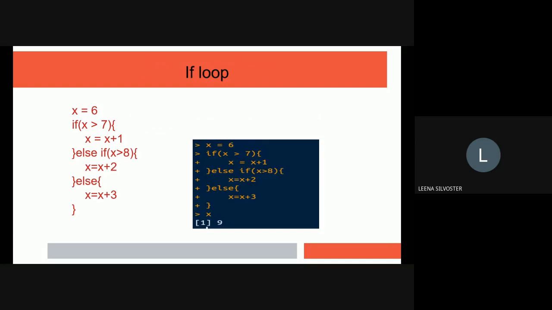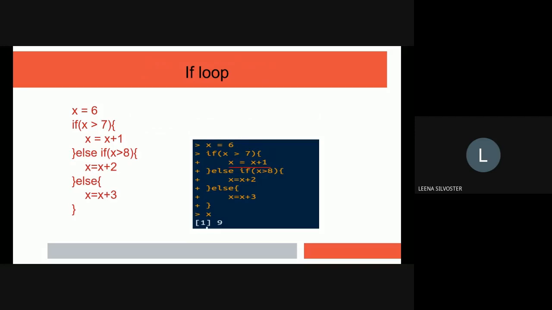Okay, this one is an example of the if-else statement. If is followed by a condition. If this condition is true, it will execute x equal to x plus 1.